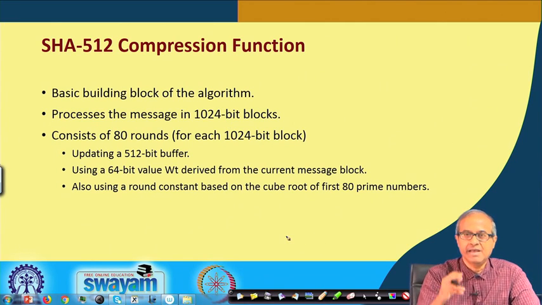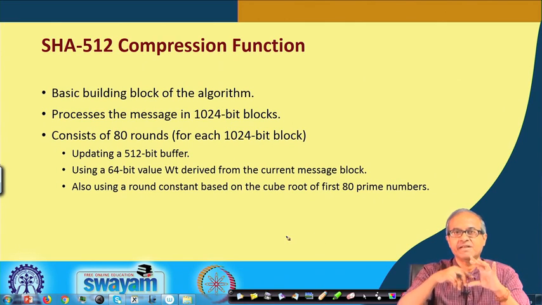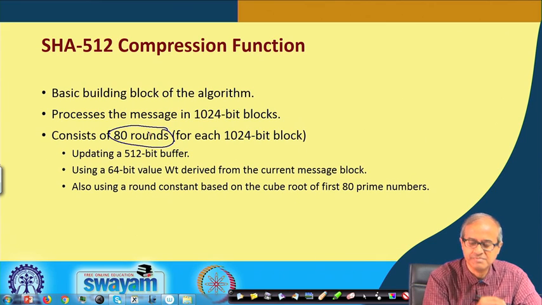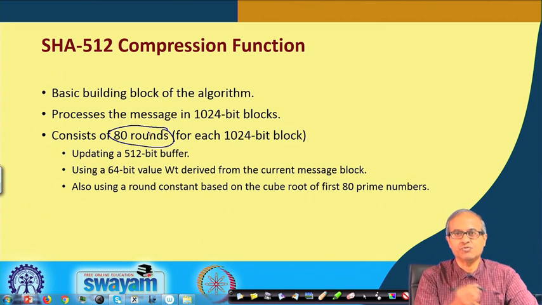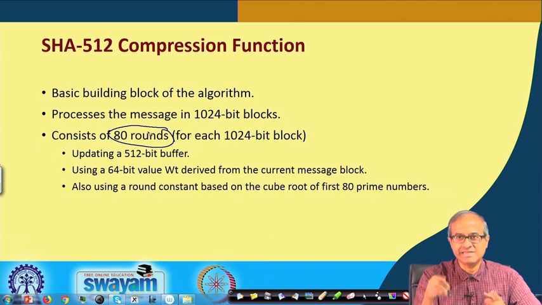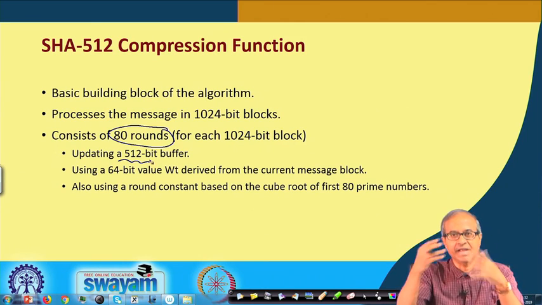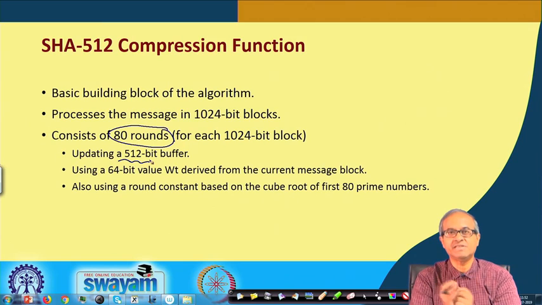Inside that f there are 80 iterations going on, not 1, not 2, but 80 iterations or 80 rounds for each 1024 block, and inside they maintain a 512 bit buffer which is updated at every step of these 80 iterations. I am not going into the details of these 80 iterations.